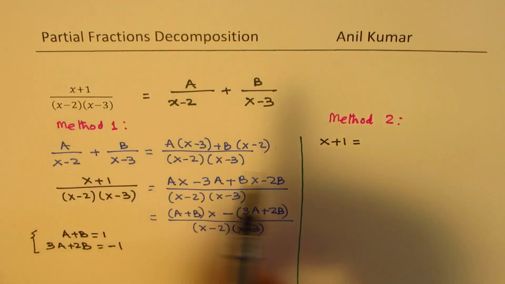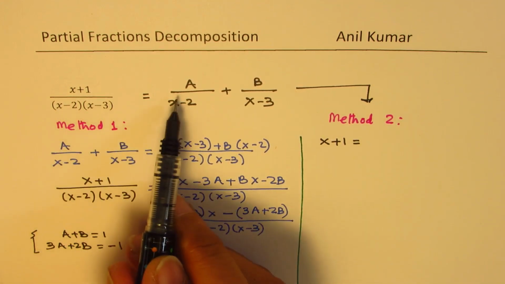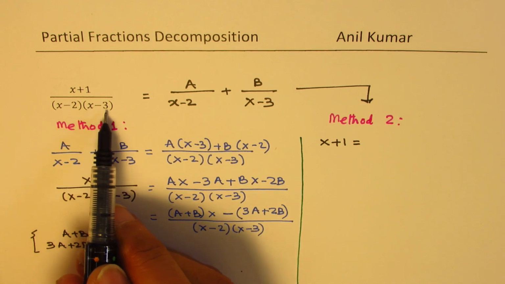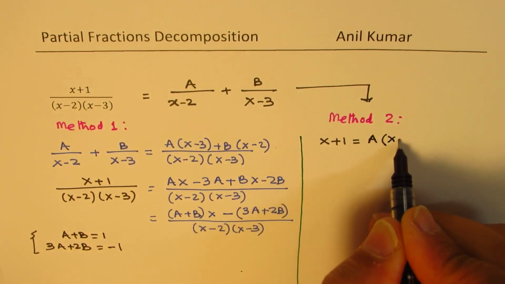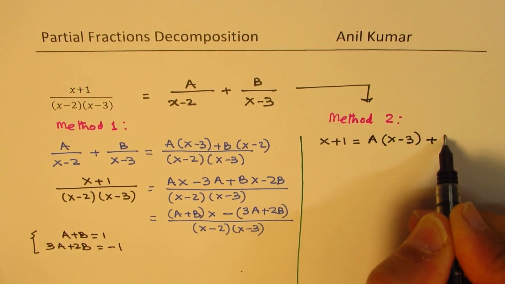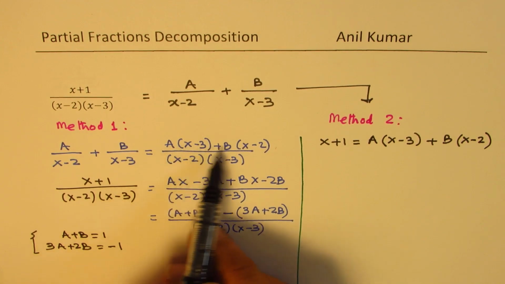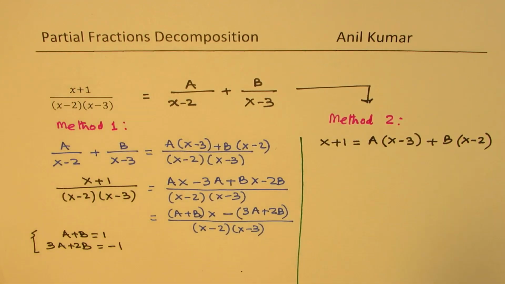If I multiply all of them by this factor x minus 2 times x minus 3, in that case we get this as a times x minus 3 plus b times x minus 2. Clear? That is this numerator. This numerator should be same as x plus 1. That is what we came to, right?